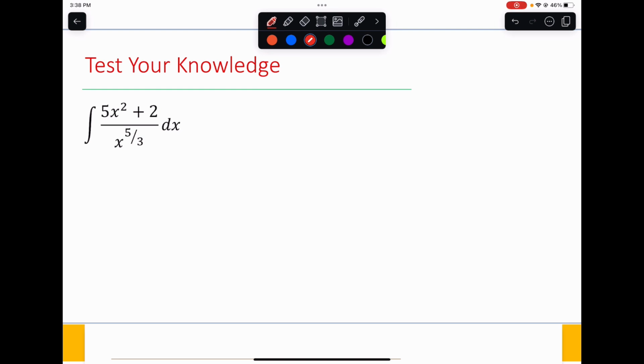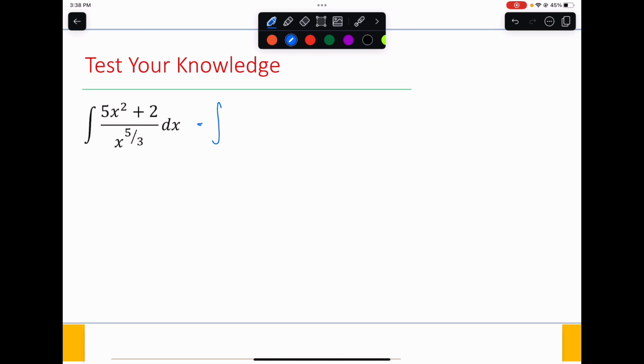That's not the case. Since there's a division process here, we are going to perform the division. In this case, we have a binomial at the numerator and a monomial at the denominator, so I can simply divide this.